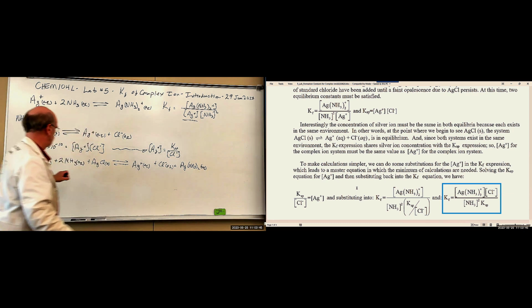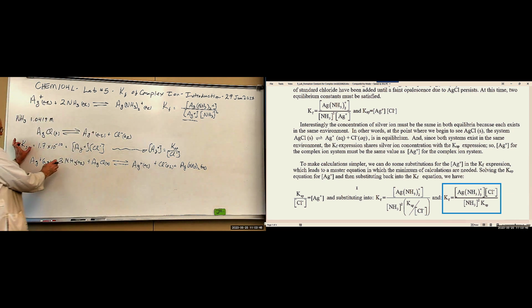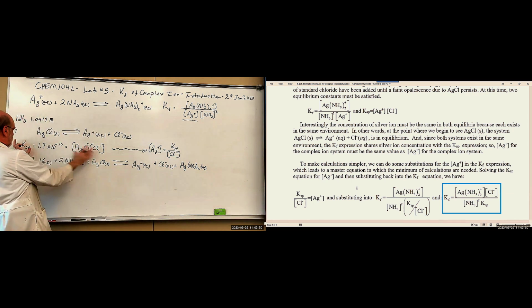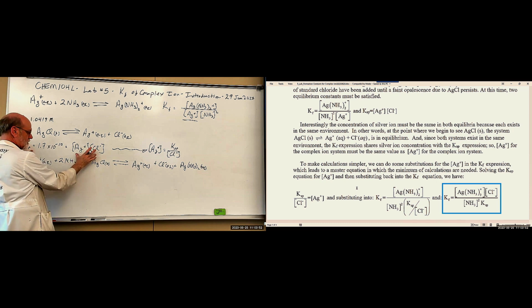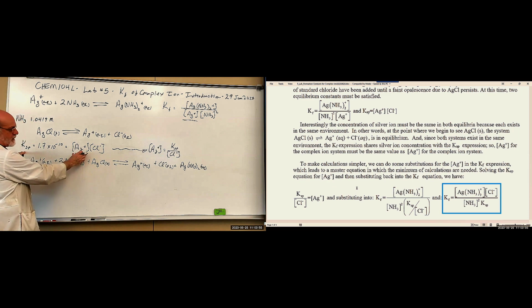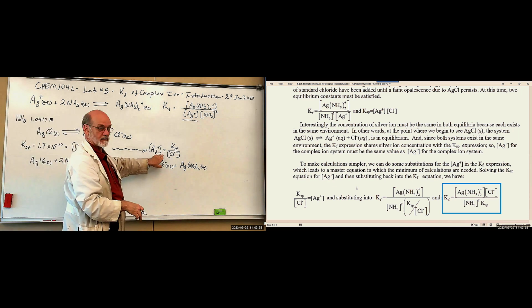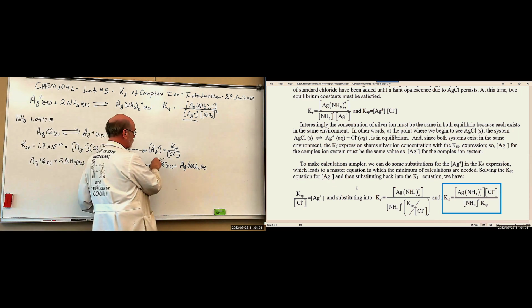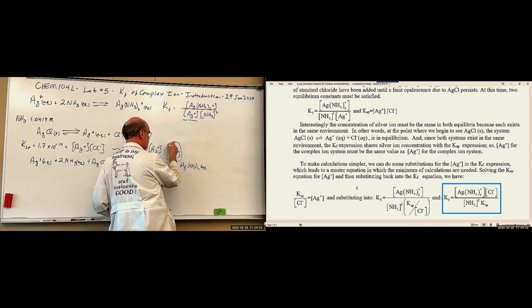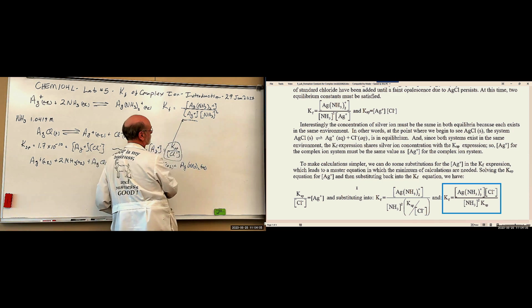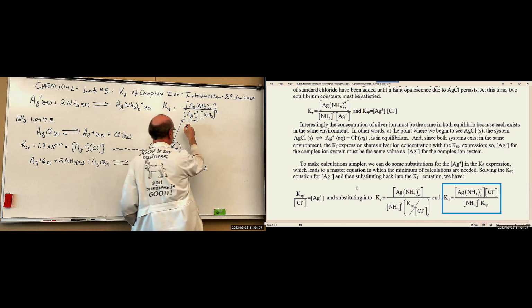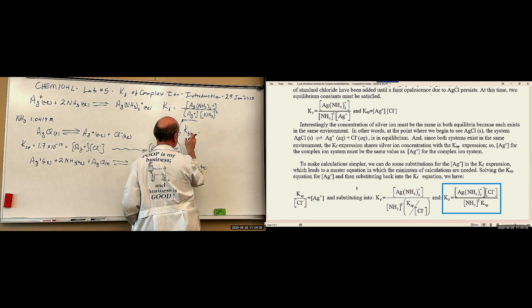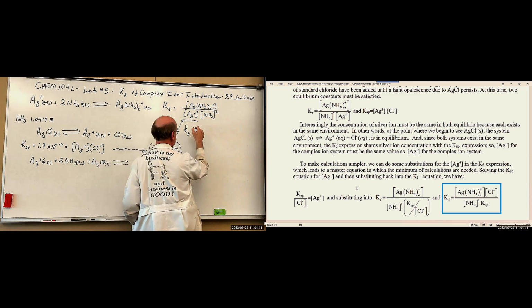Okay, does everybody see that? I just rearranged this equation. This one is equal to that one, and then I solved for this one, so that means chloride goes over here in the denominator. And that's what we have here. So we're going to substitute this in there, and that gives us an expression we can use that has chloride in it.